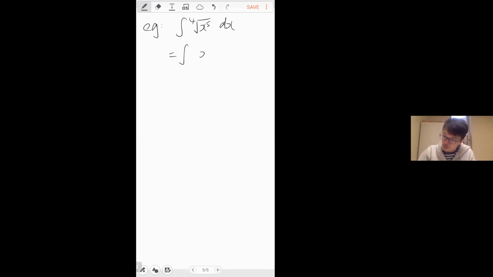So let's simplify that. What is the fourth root of x to the fifth? I can rewrite that as x to the 5/4. And then what is the antiderivative of x to the 5/4?